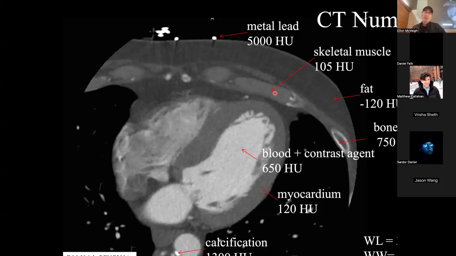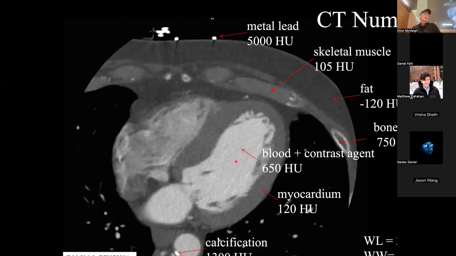Skeletal muscle is slightly less than myocardium at this time. That could be because some of this contrast went into the myocardium. In the vascular structures of the myocardium, this contrast flows in there, and it will raise the signal of myocardium when it's in there. Not much, but it does it.